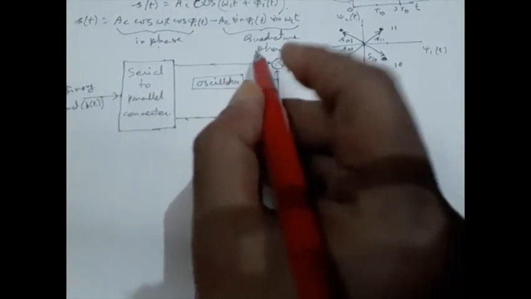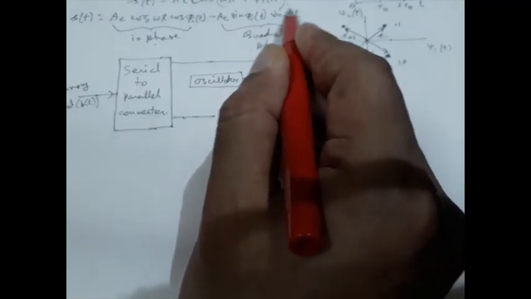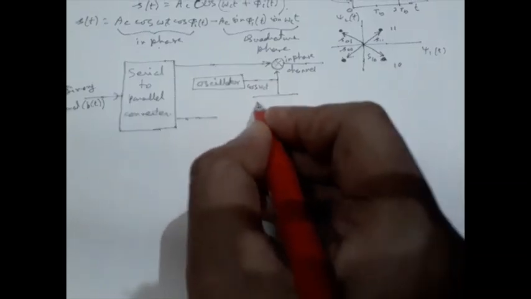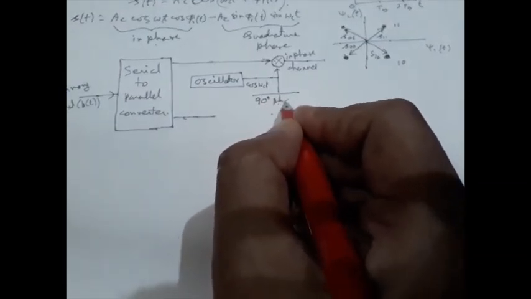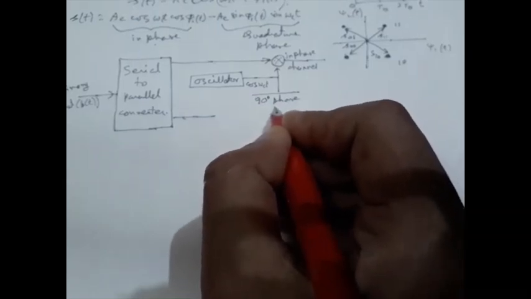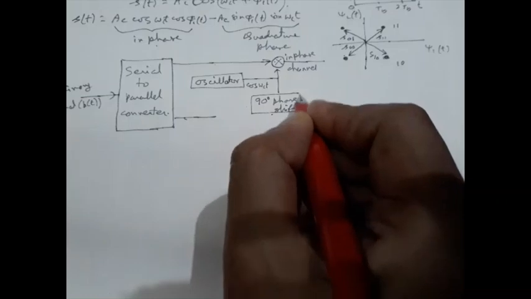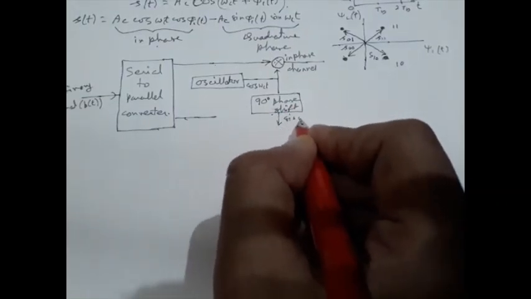Now in the quadrature component we have to generate sin omega ct, and that is done by changing the phase of the carrier by 90 degrees. So here we have sin omega ct.